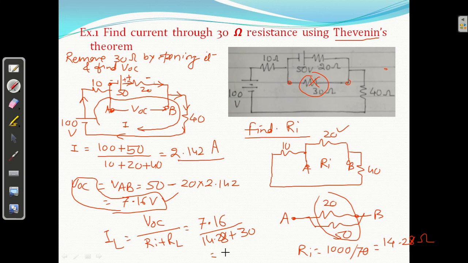So 7.16 divided by 14.28 plus 30, I am getting 0.1616 ampere. That is the final answer, IL. It is a very simple problem: find VOC first, 7.16 volt, then find RI, 14.28, then find IL by Thevenin's theorem.